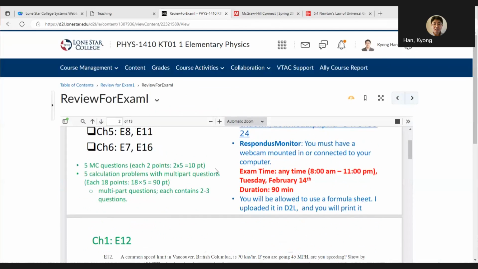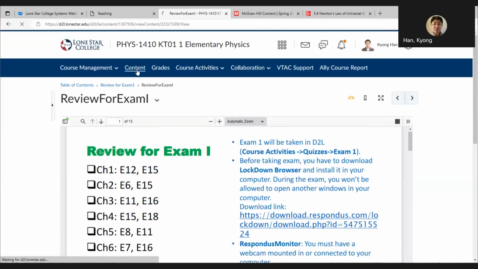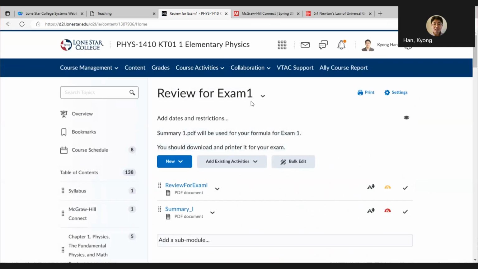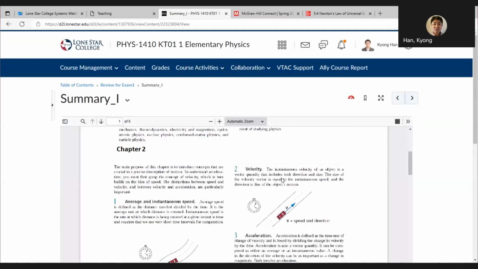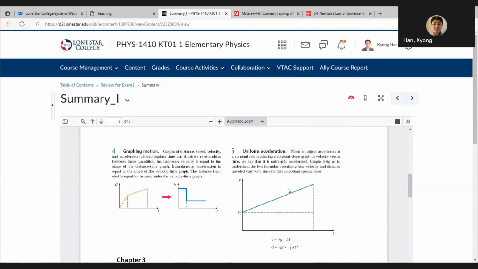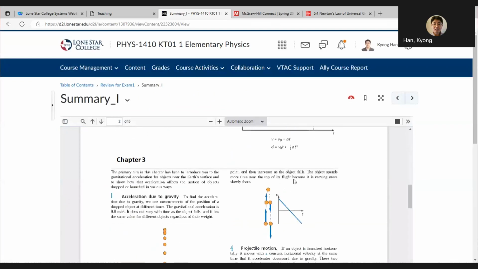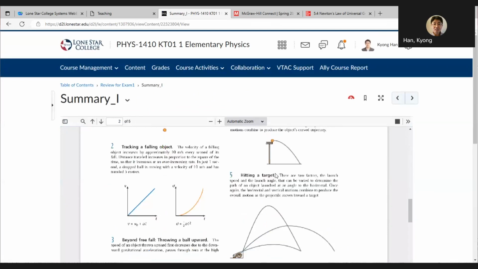The other thing is, if you go to the review for exam one, there is also a summary sheet. You can download and print this, and then you can use this formula sheet during the exam. Maybe you can add some notes there, because you need to familiarize yourself with it.